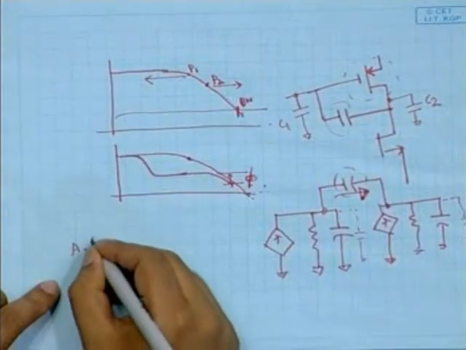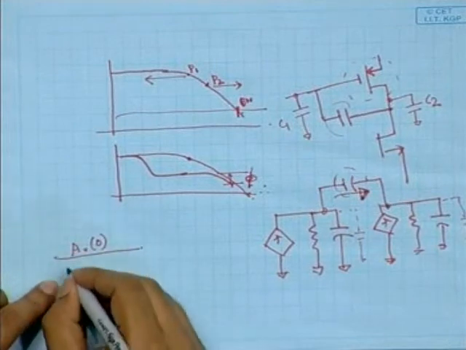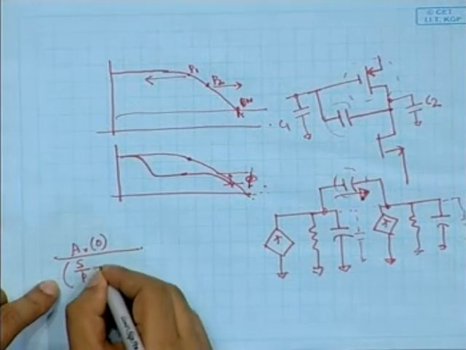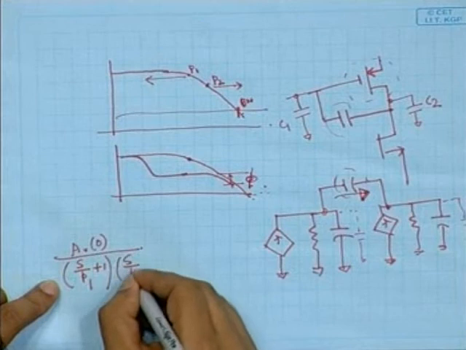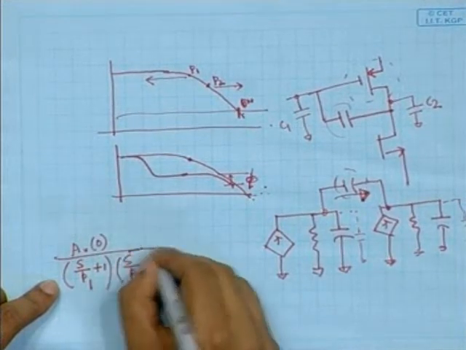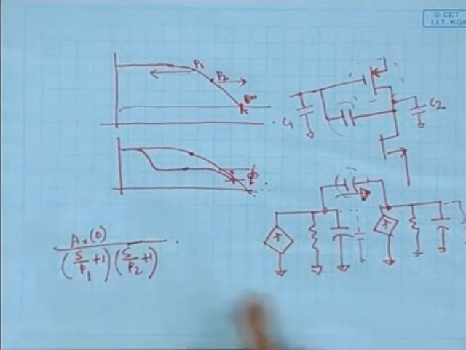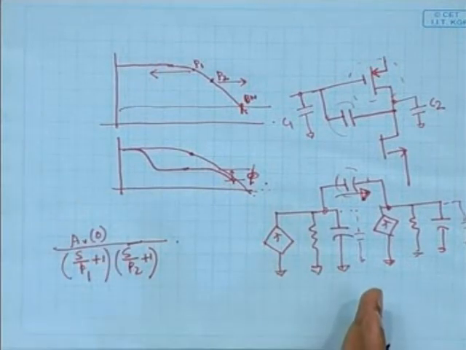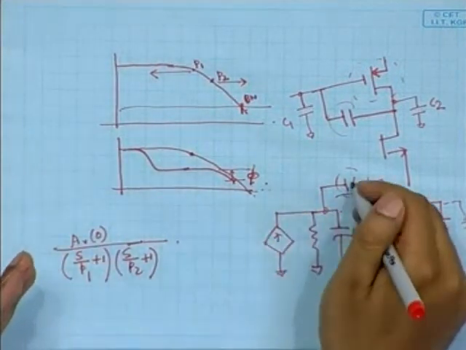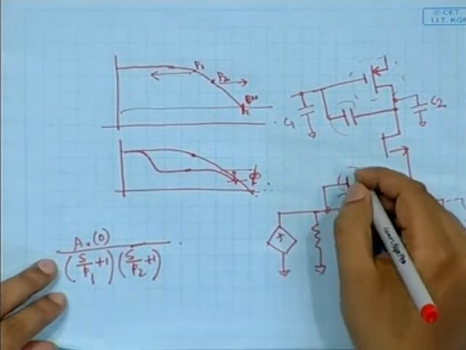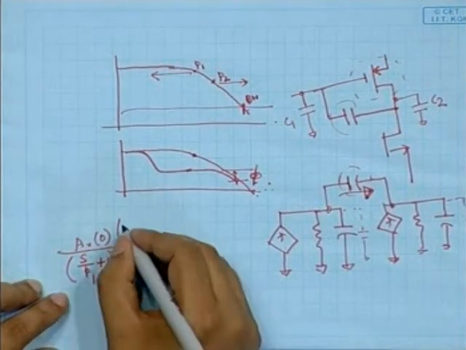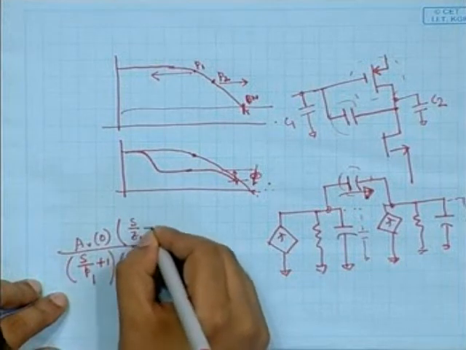Actually, in open loop configuration, this is AV0, and the transfer function would be AV0 divided by (S by P1 plus 1)(S by P2 plus 1). We are just splitting this P1 and P2, but the addition of this capacitor will cause a zero to arise.